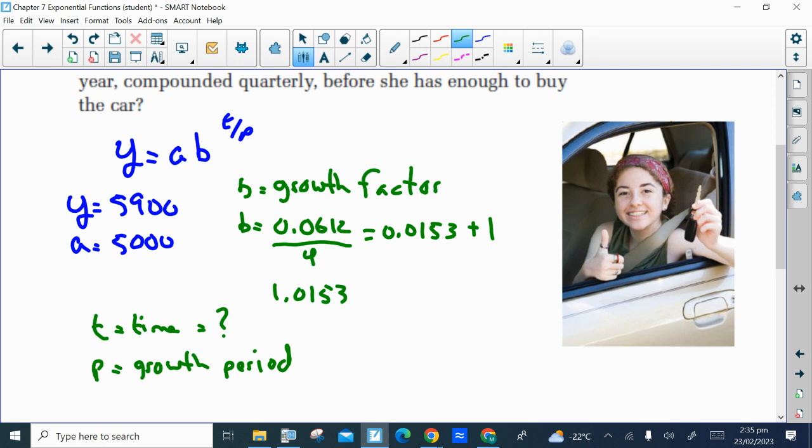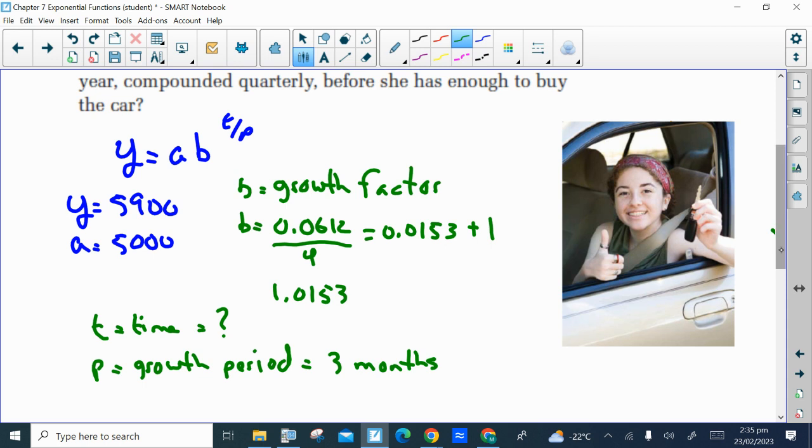It happens 4 times a year, every quarter, which means every 3 months. Because it's compounded quarterly, that means 4 times a year. That's every 3 months. 12 months divided by 4 gives us every 3 months.